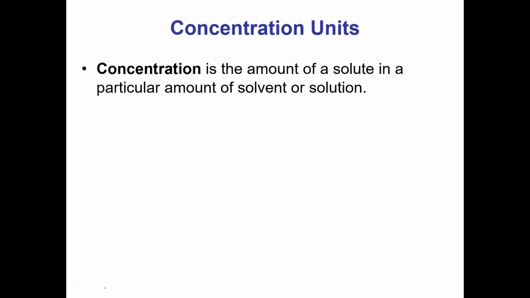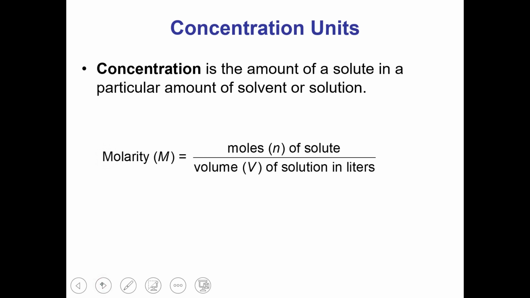So of course we want to be able to measure things about our solution, so we can measure the concentration of our solution. The concentration is the amount of solute in a particular amount of solvent. Most frequently we use units of molarity to measure the concentration of a solution.